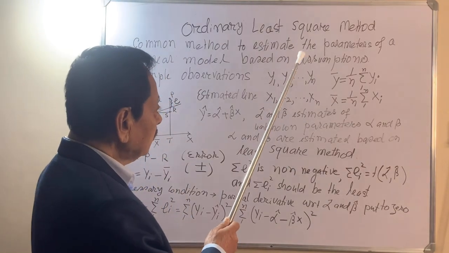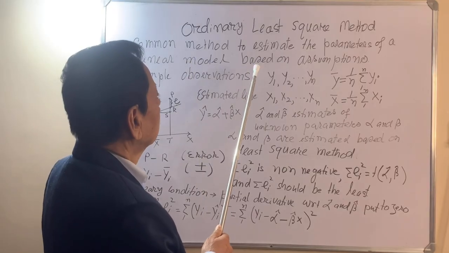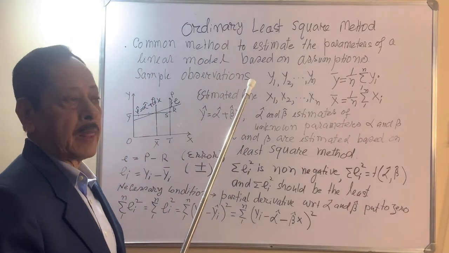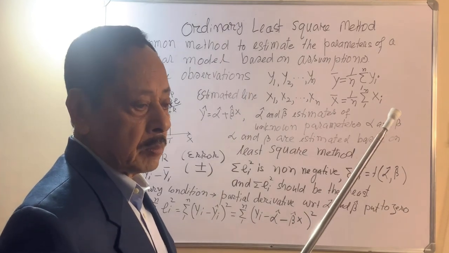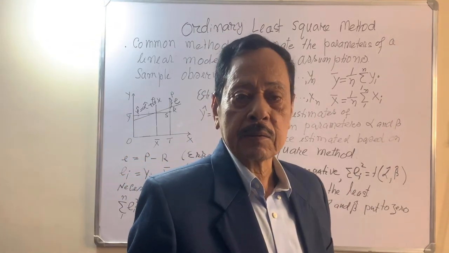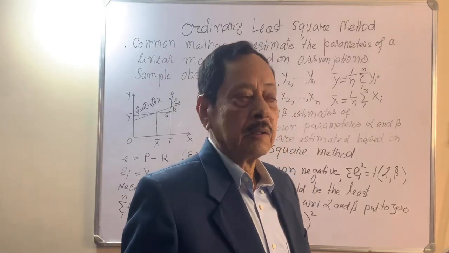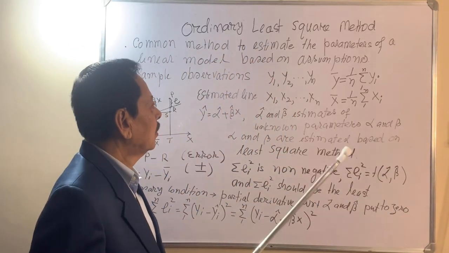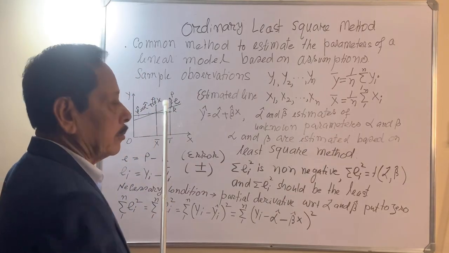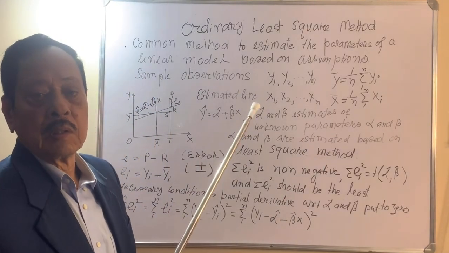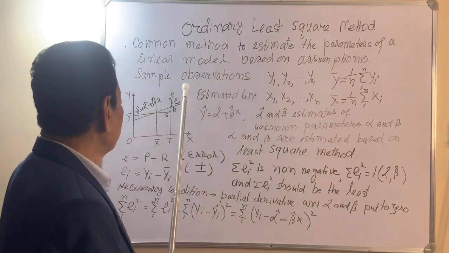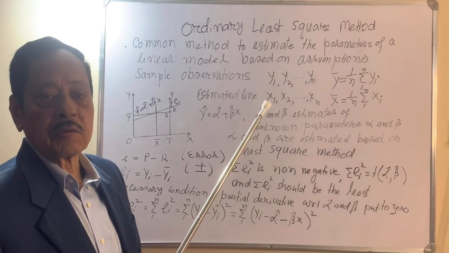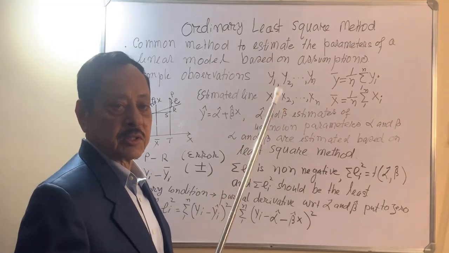When an average line is drawn, and if we put the data, that means coordinates, pairs of y and x on the scatter, then there will be n number of coordinates, and it is not possible for a straight line to pass through all the points.